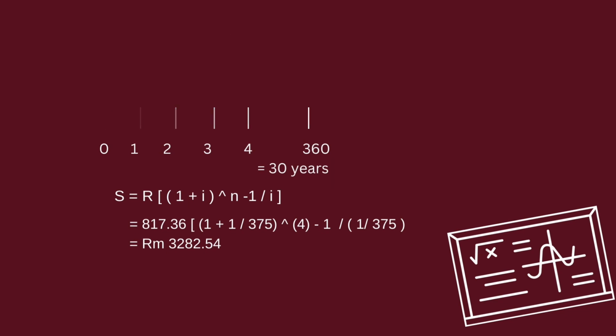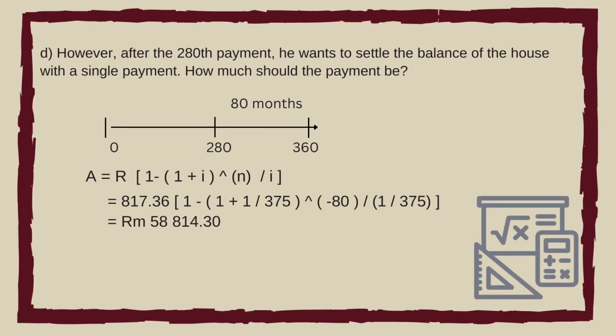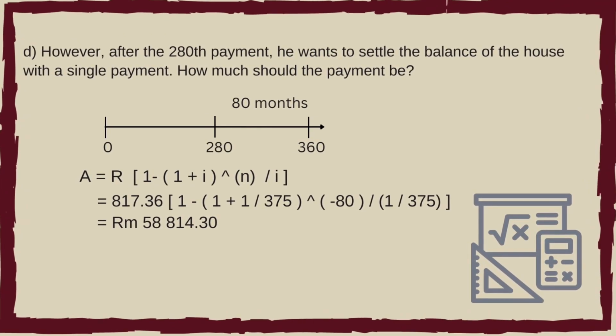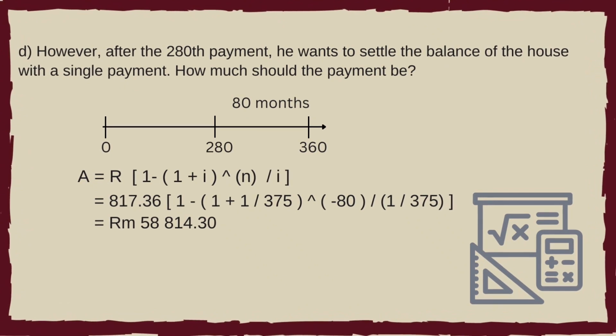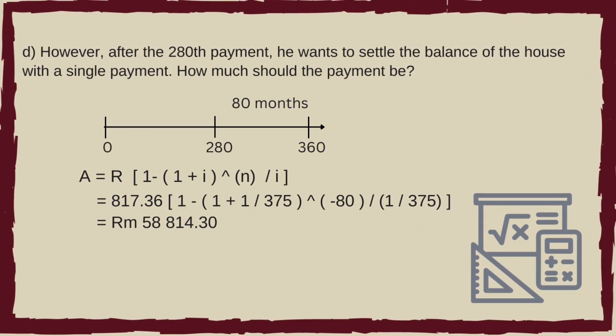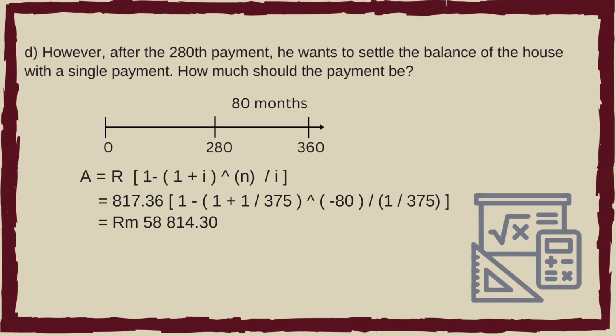We need to calculate the single payment. Lee Min-ho decided to make a single payment after 280 months. So 360 minus 280 months, the balance we need to calculate is 80 months. Same as the previous question, we need to make a timeline to make it easier to refer.